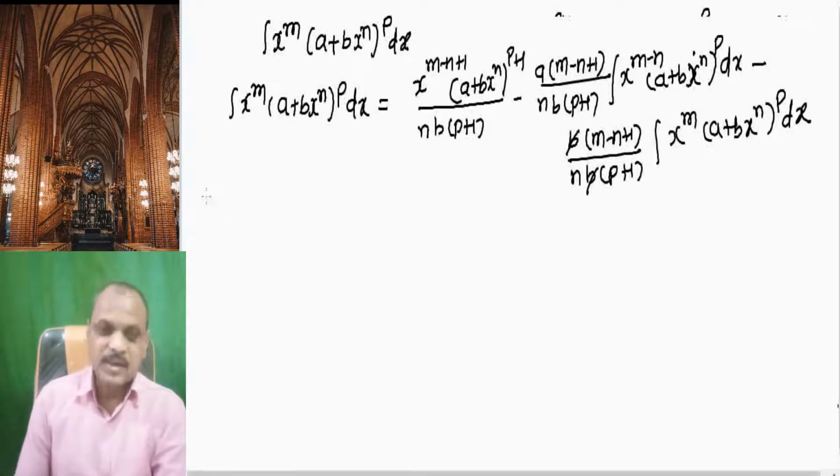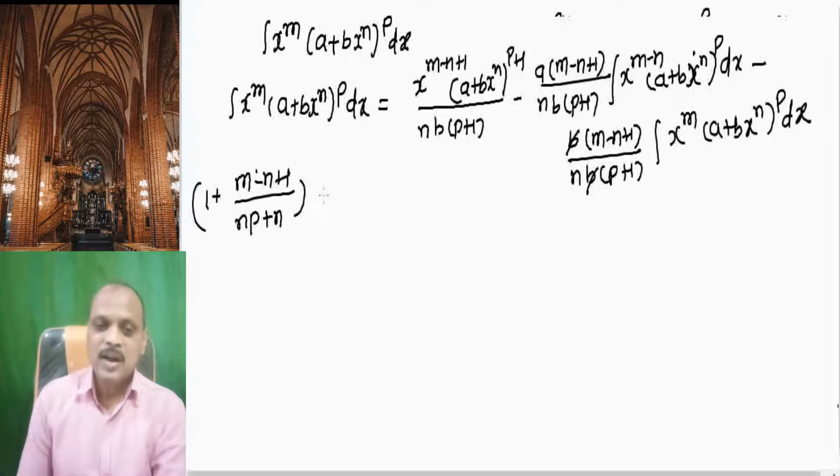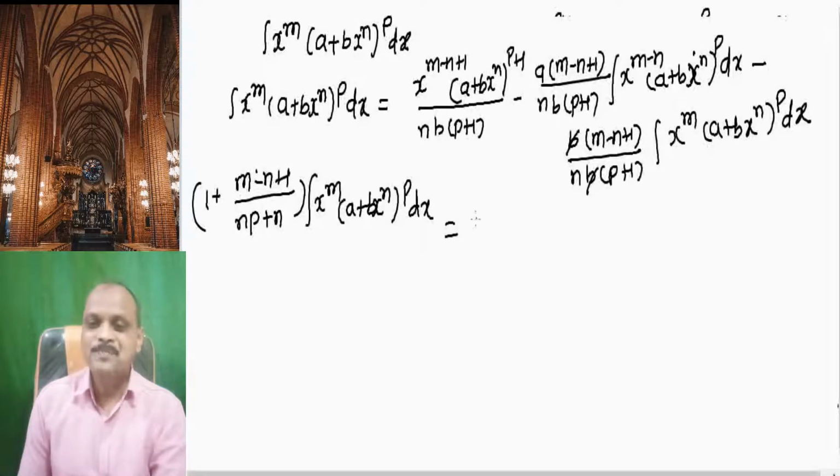Therefore here we get 1 plus (m minus n plus 1) divided by np plus n, and the integration of x raised to m into (a plus b x raised to n) whole raised to p into dx equal to the remaining terms as they are, nothing to do with these two terms. Keep it as it is, as we have taken the last term to the left side of this integration.